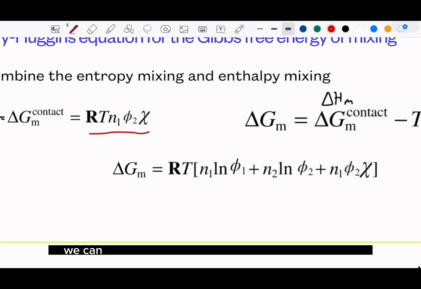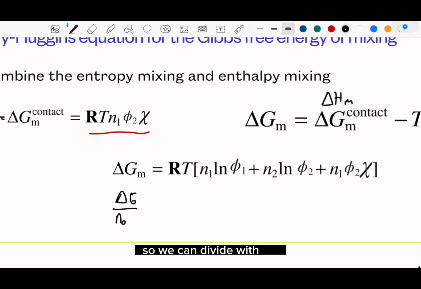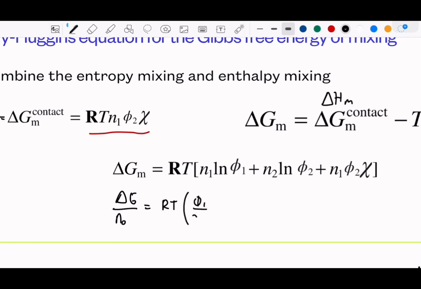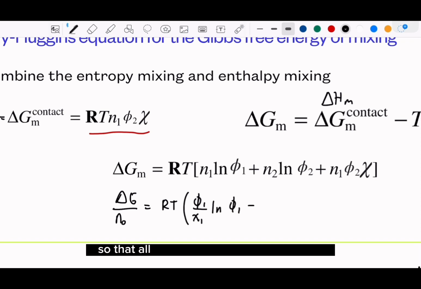And if you want, we can also write in terms of the number of molecules, so we can divide with N0, so that all have the same parameter phi.